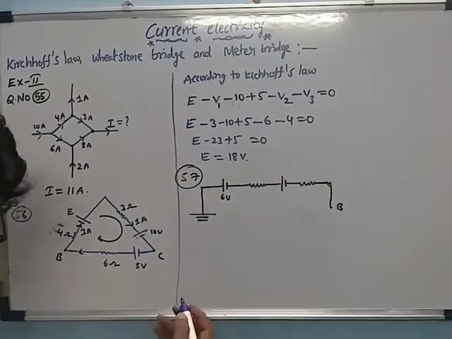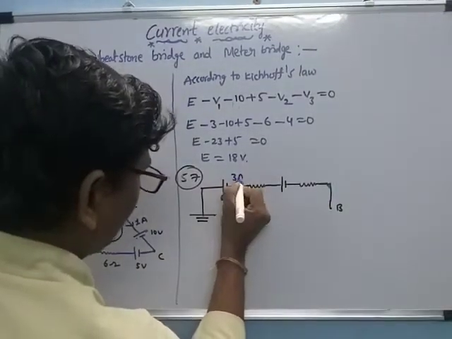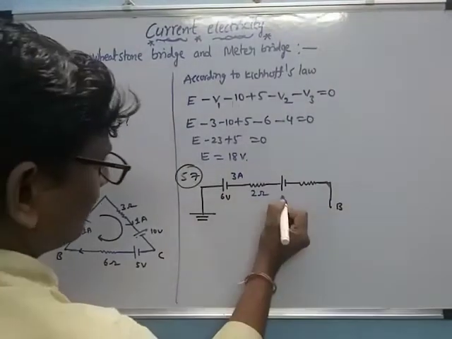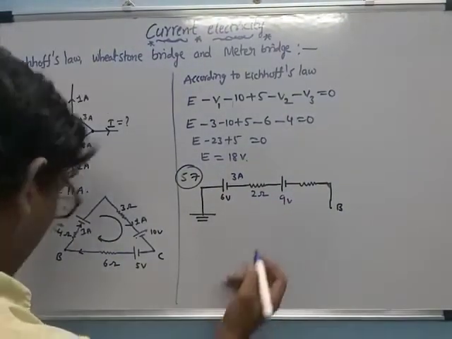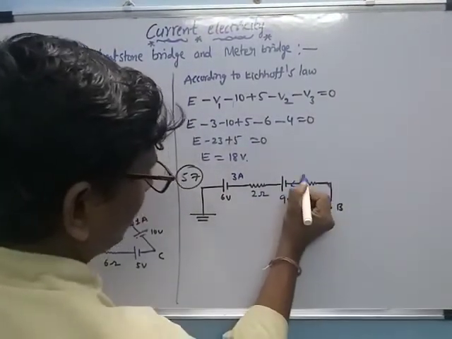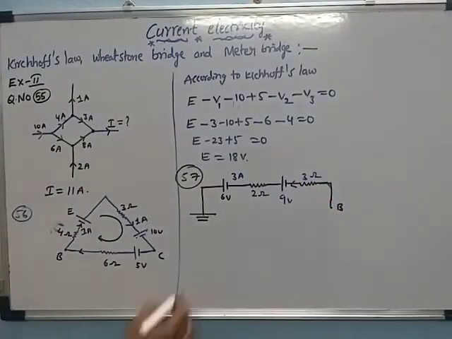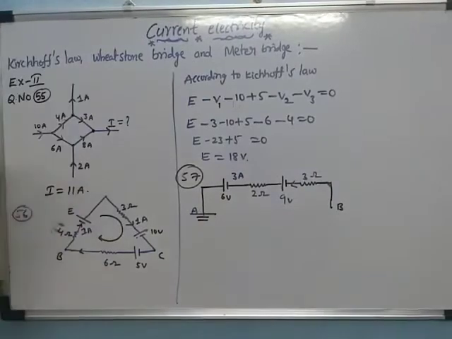Here the resistance is 2 ohms, and here is 9 volts, and the direction of the current is given here, and this is 3 ohms. Then find out the potential difference of points A and B.